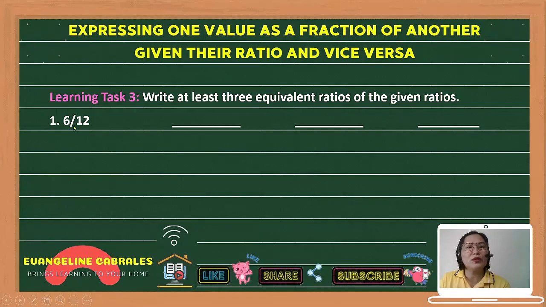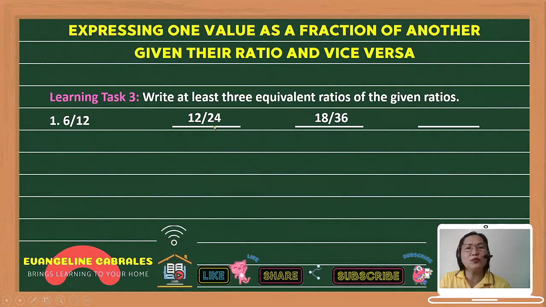Ano ang multiple? So, ano ang magiging equivalent ratios niyan? Bakit naging 12 is to 24? Diba? Pag nag-multiple tayo, anong sunod sa 6? 12. At ano namang sunod sa 12? 24. So, ngayon, ano namang sunod sa 12 at 24? Babalik ka lang doon. Multiples nga ng 6, diba? So, 6, 12, 18.